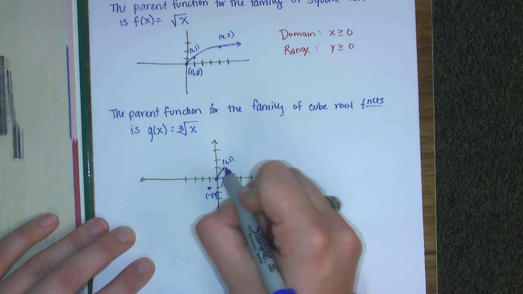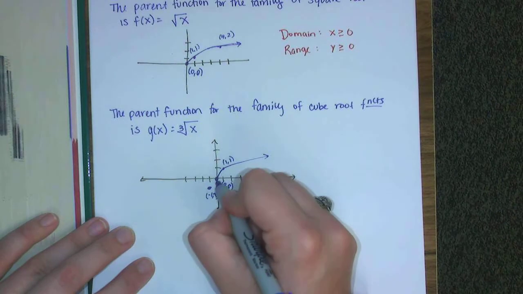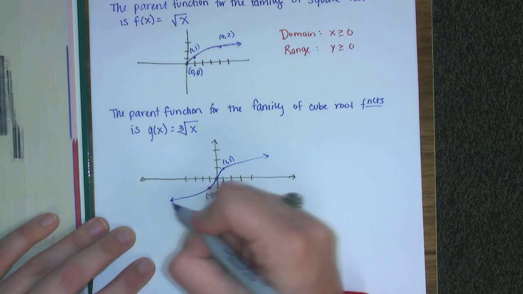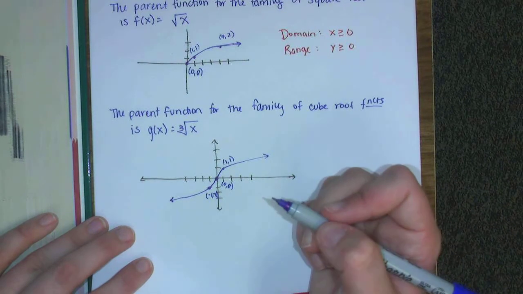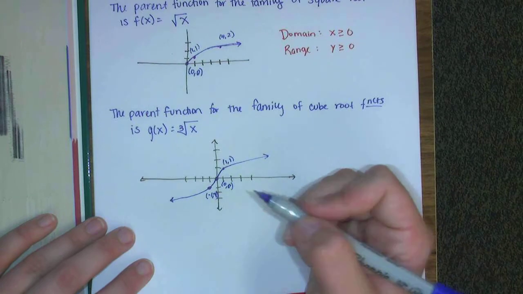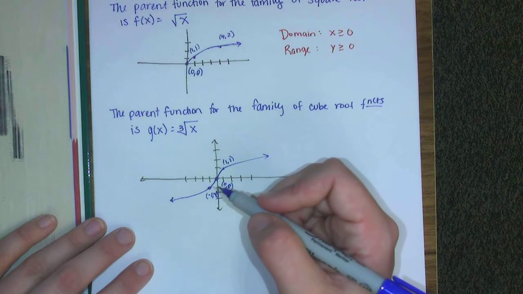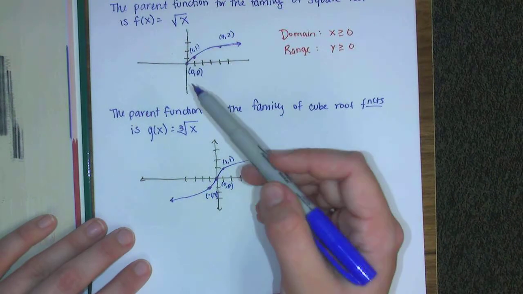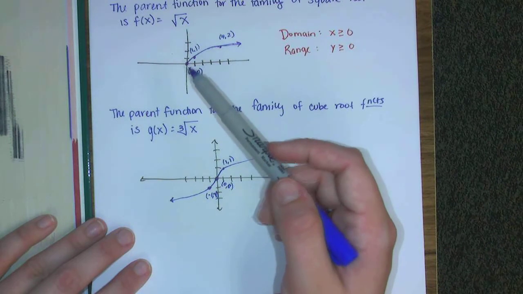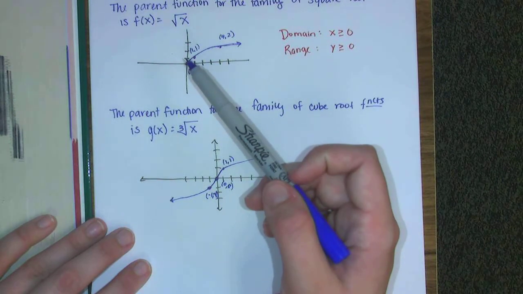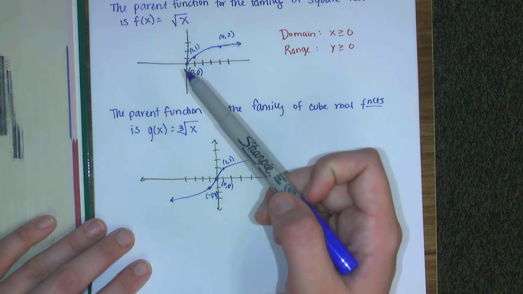So when you do these, they kind of just look like this, which if you remember when we did a cube function, it kind of looked a little bit like that, but it was kind of just flipped. This is the inverse function of a cubed function. And this is the inverse of a squared function, but keeping in mind that we can't have the negative side of it.